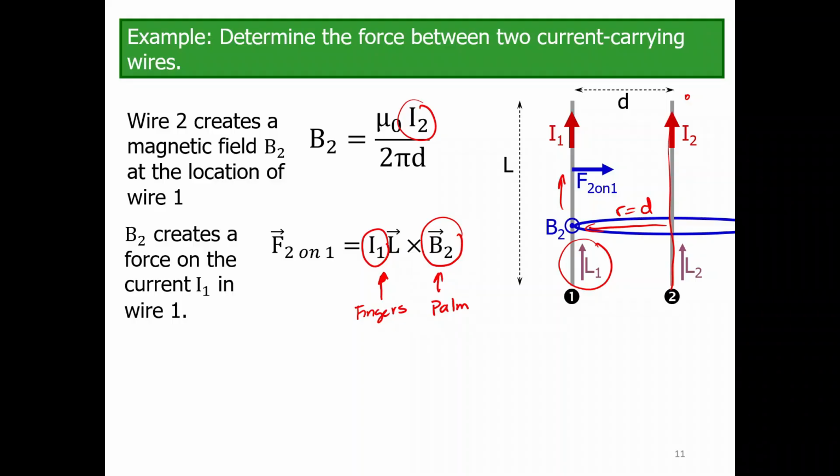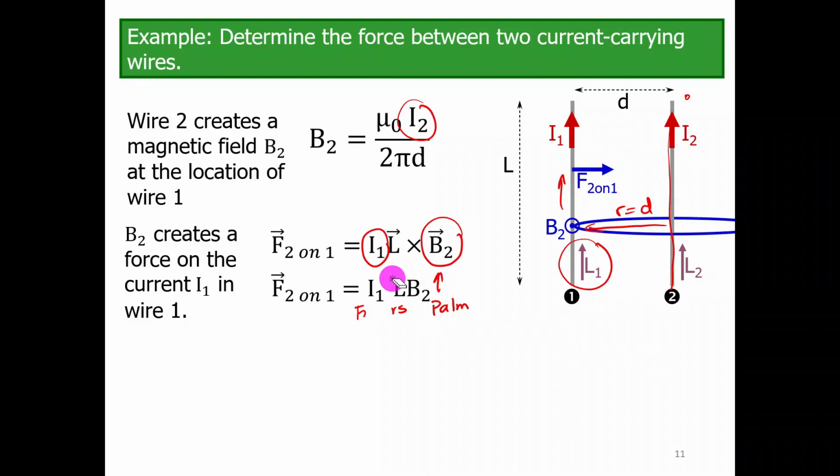My fingers go in the direction of I1 towards the top of the page, which is the same direction as L. My palm has to face B2. With my fingers pointed towards the top, B2 is pointing out of the page. So that means my palm has to face out of the page. That causes my thumb to go to the right. So that's why the force of wire 2 acting on wire 1 points directly to the right. So that is an attractive force.